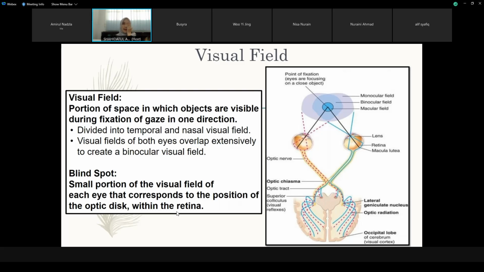You just close one eye, so the whole view you see is monocular. By the time you open the other eye, you look with two eyes, you will notice your nasal field of the other eye also increases. Okay?